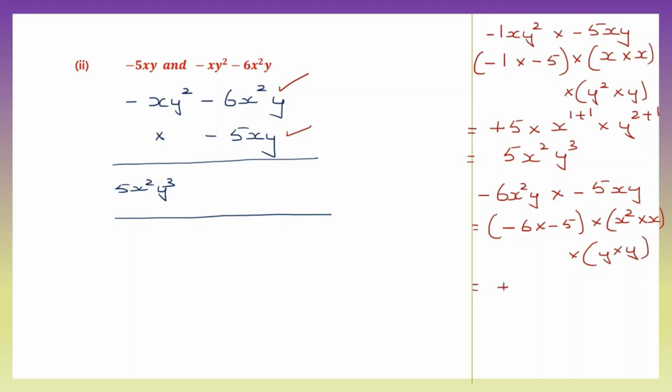Minus into minus is plus. 6 5s are 30 into x to the power of 2 plus 1 into y to the power of 1 plus 1. So that becomes 30 x to the power of 2 plus 1 is x to the power of 3 and y to the power of 2. So here we have a plus sign. So let's write the plus sign plus 30 x cube y square. So children, we'll stop with that for now.